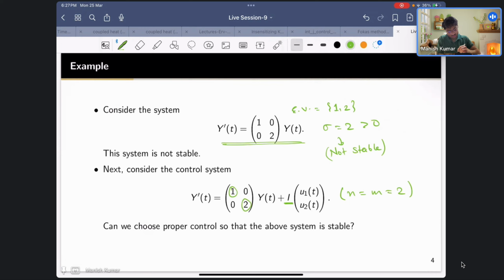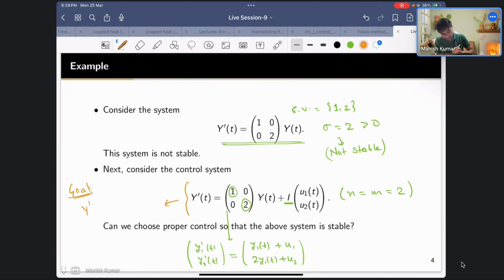Now you can see this resulting system, I can write it as y1 prime t, y2 prime t, as y1 t plus u1, and then you have 2 y2 t plus u2, right?